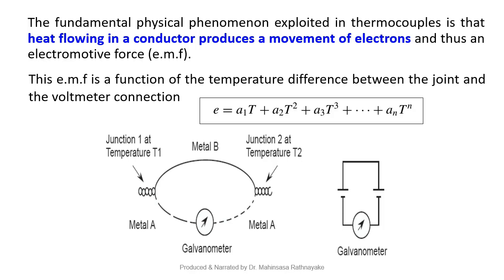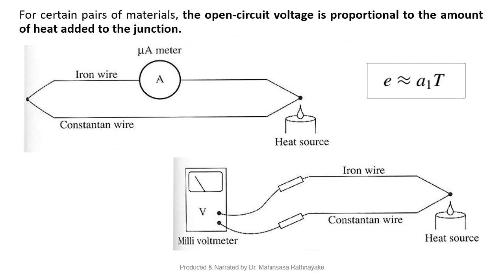For certain pairs of metals, we can neglect the higher order terms of temperature in this equation. One example would be iron and constantan.